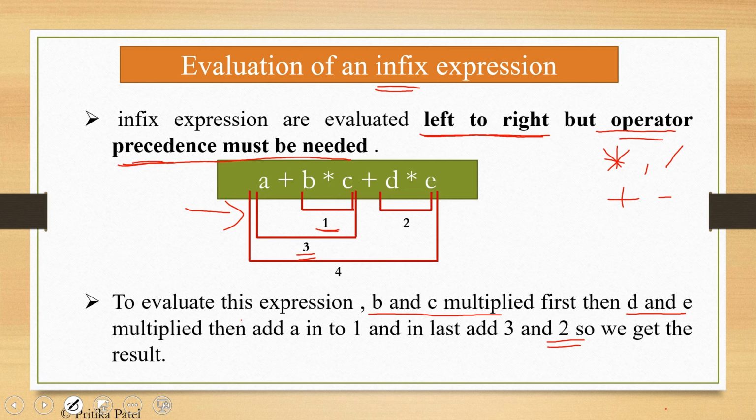So first B and C are multiplied, then D and E are multiplied, then A is added to the first result, and lastly the two results get added, and we get the final result.